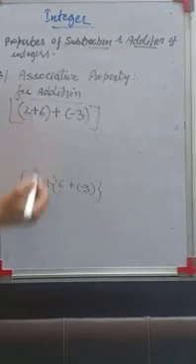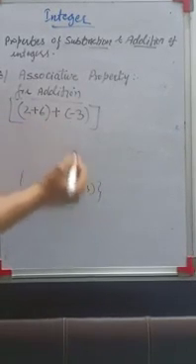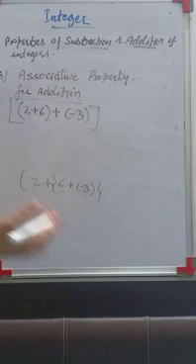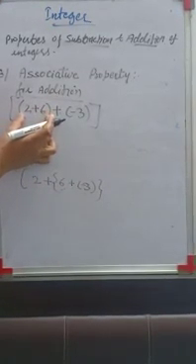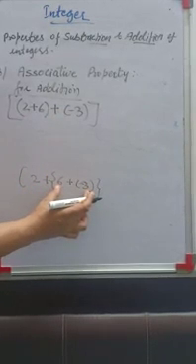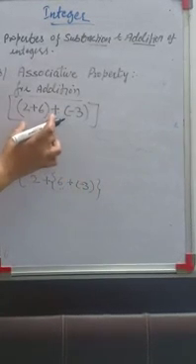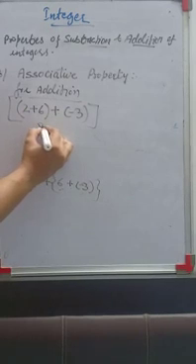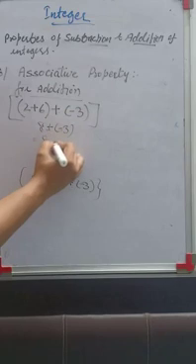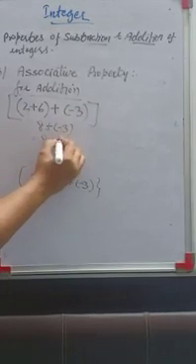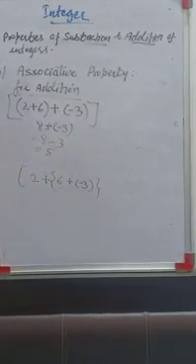See, this is plus 2, this plus 6, then plus sign, minus 3. All terms are the same. But what is the difference? First I have grouped it over here. In the second I have grouped plus 6 and minus 3. Now let us check this one. 6 plus 2 is what? 8. And then plus minus 3. It will become 8 minus 3. The result is 5, right?